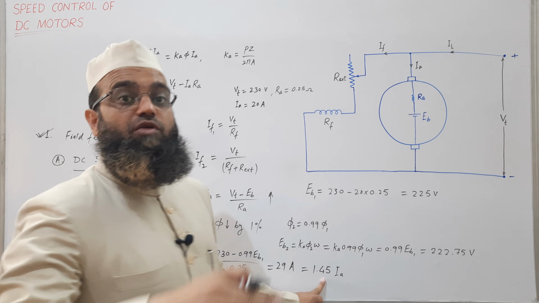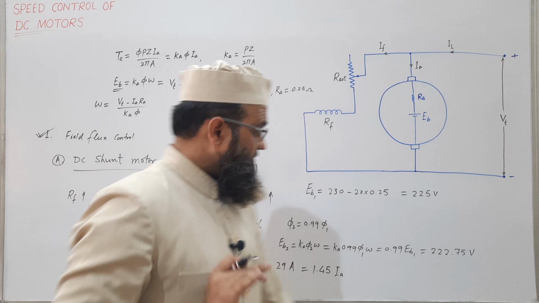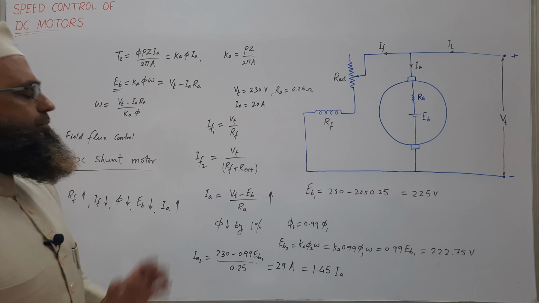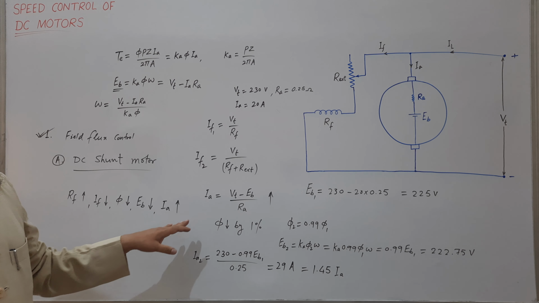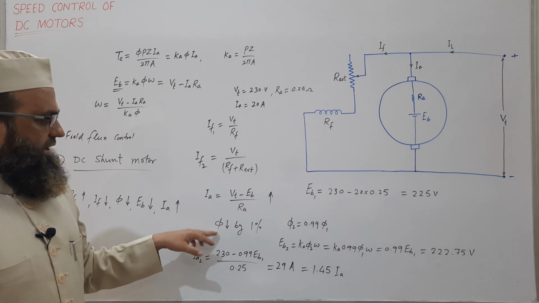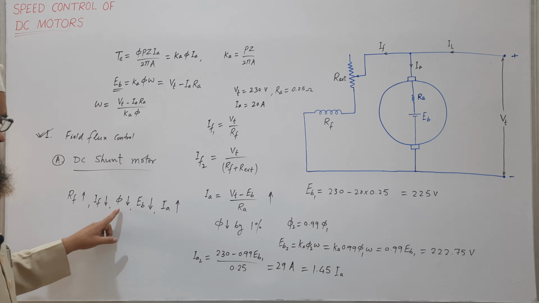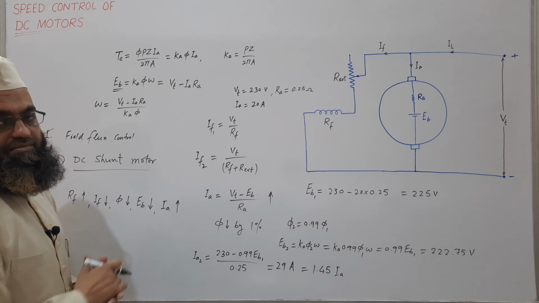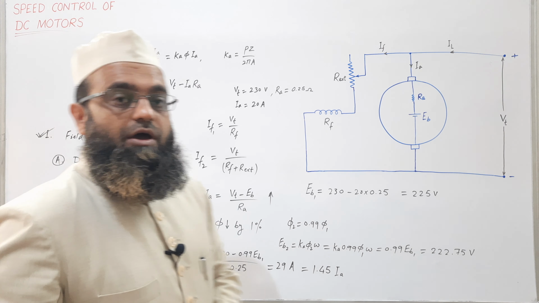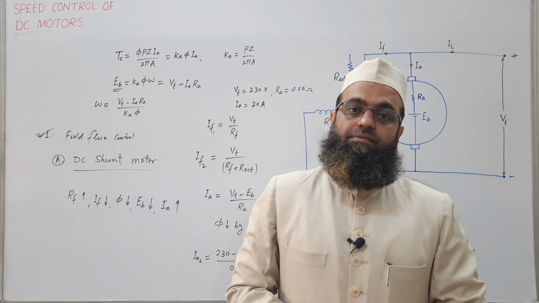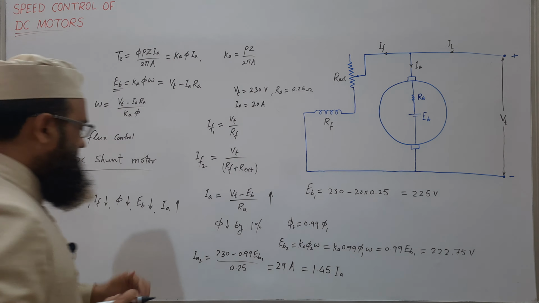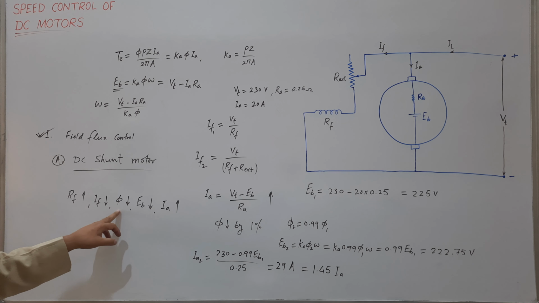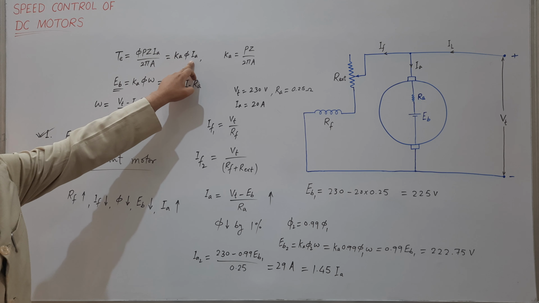It has become 1.45 times, 45%. So we can conclude for the given data, a small decrease in phi results in a larger increase in Ia. In other words, the percentage increase in Ia is much larger than the percentage decrease in phi.